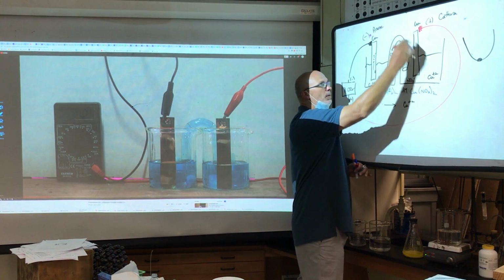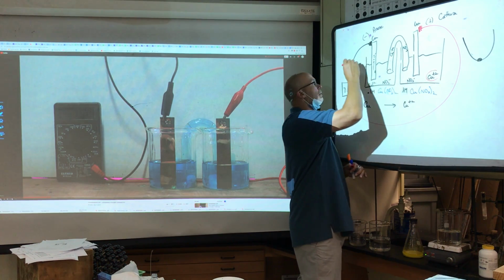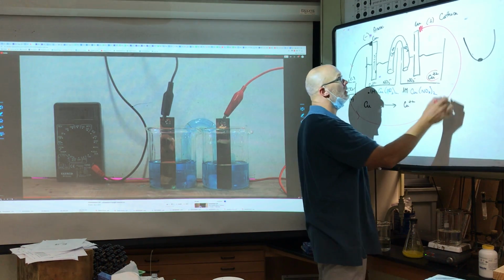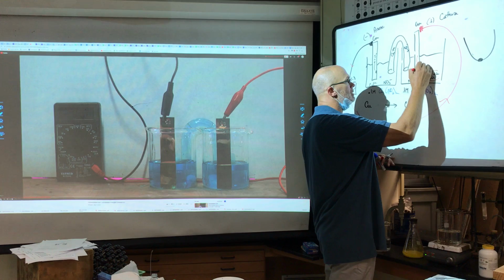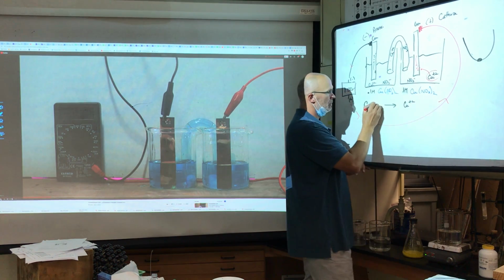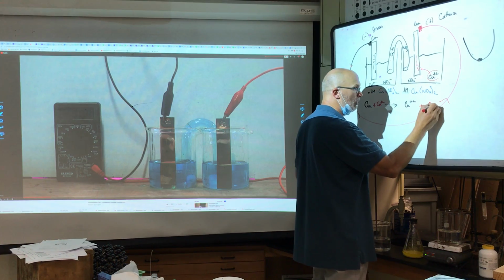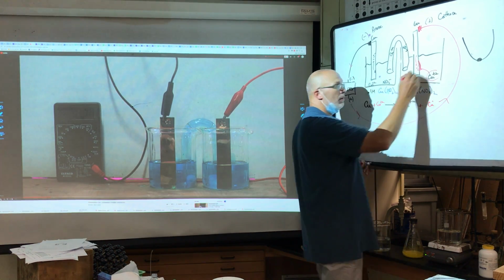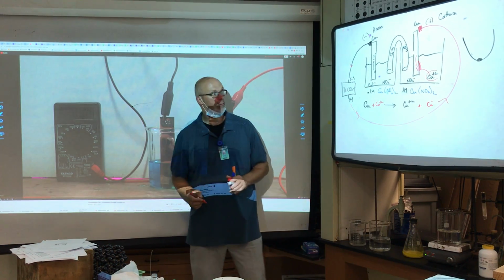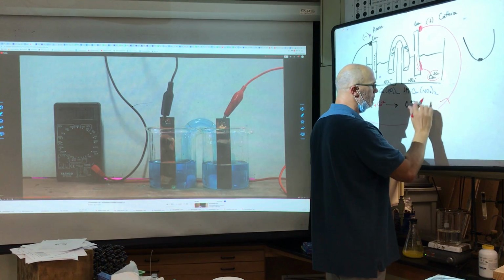No, this copper would gain some electrons. I'm drawing it different just so you can see what happens. And it would plate and become pure copper 0. So this is the reaction.